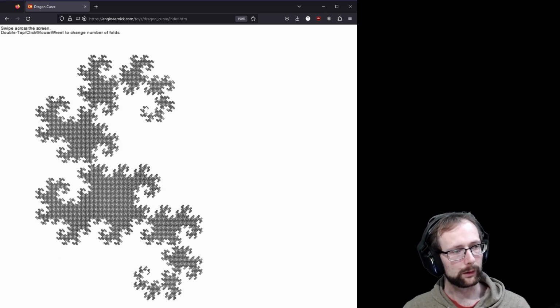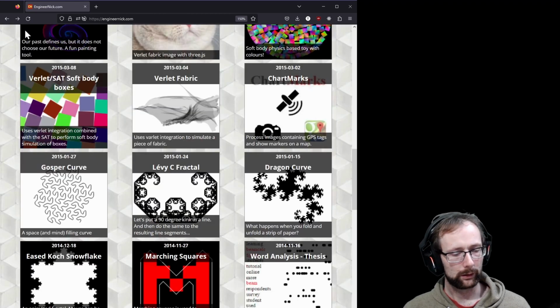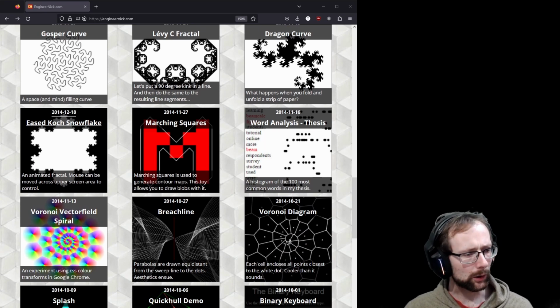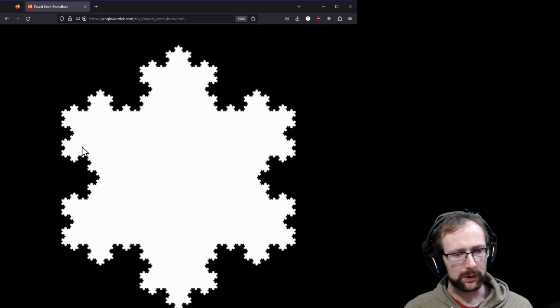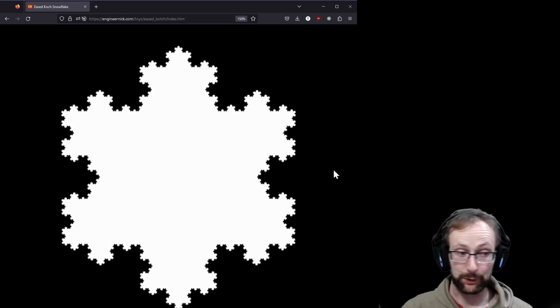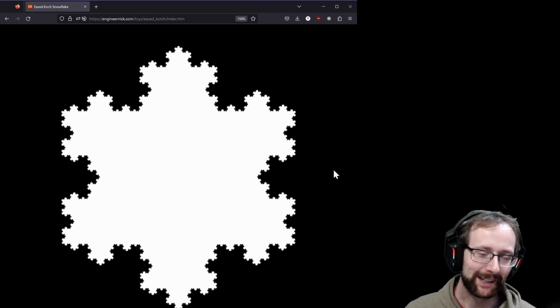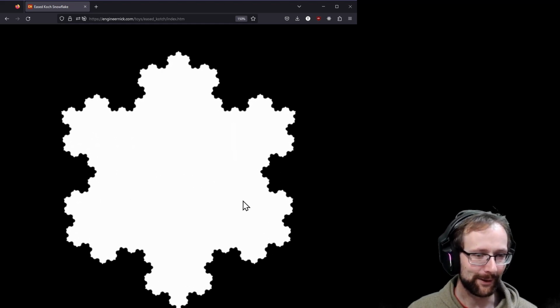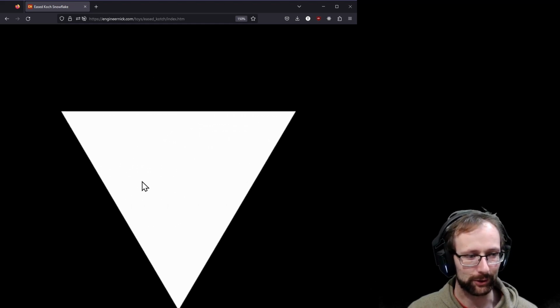That's the most iterations that it goes to. What is the Koch snowflake? This one's kind of special to me because this is going to sound super nerdy. I had an assignment at school where we had to study the properties of the Van Koch snowflake, or the Van Koch triangle.